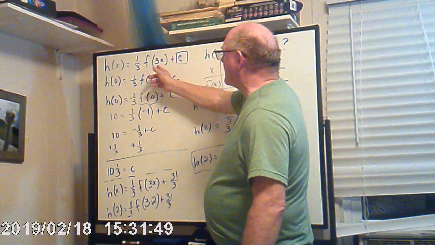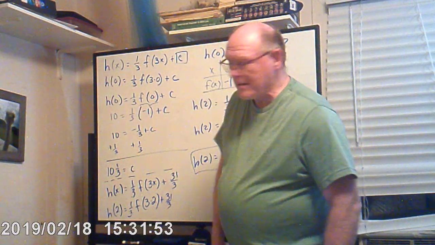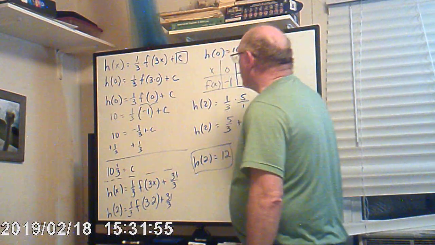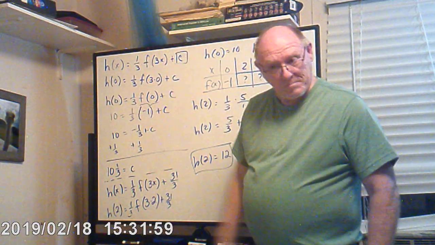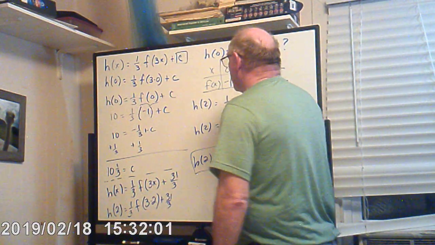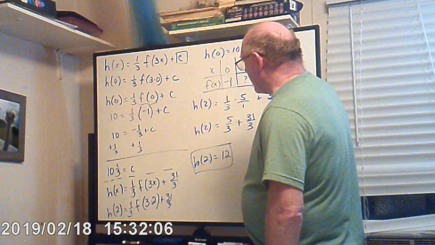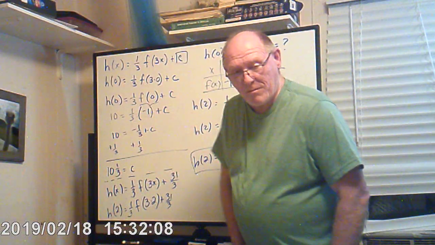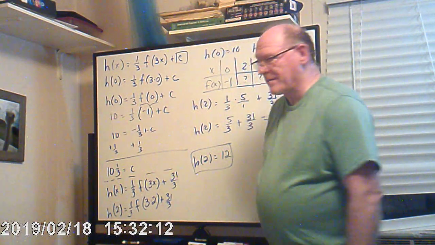If it had been a 5, it'd be a 1/5, right? And if it had been 3/2, it'd be 2/3. See that? Easy things to do. You do have to be careful with the arithmetic, but if you are, you're going to get the correct answer.